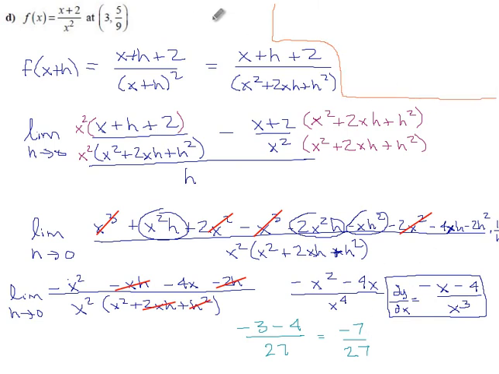So our slope is minus 7/27, which means our tangent line is y equals minus 7/27 x plus something. And we want that line to hit 5/9. 5/9 equals minus 7/27 times 3, plus b.